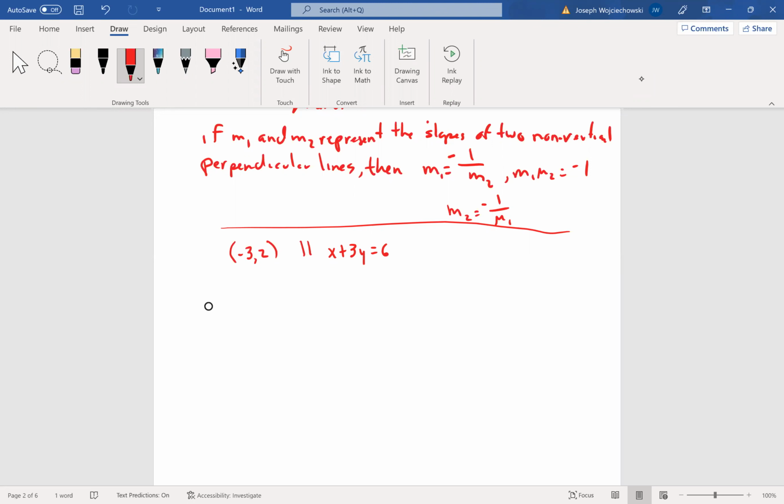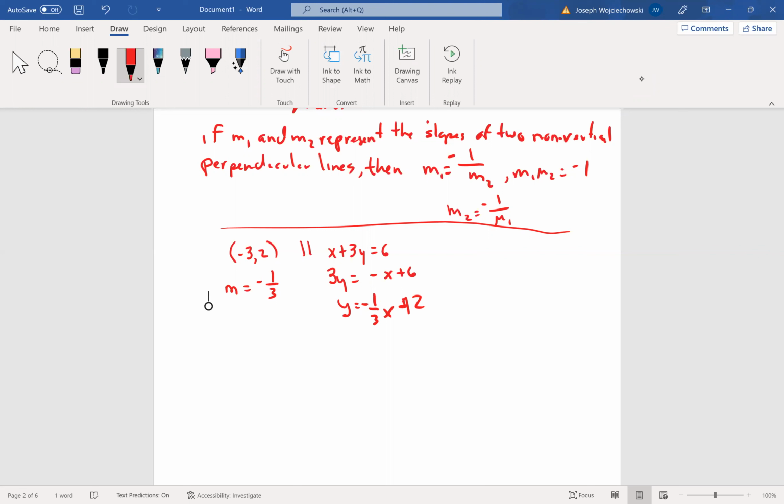So we need to calculate the slope. Let's subtract x from both sides. Then we need to divide by 3. Then my slope is -1/3 times x plus 2. So my slope is -1/3, talking parallel, so we want the same slope.